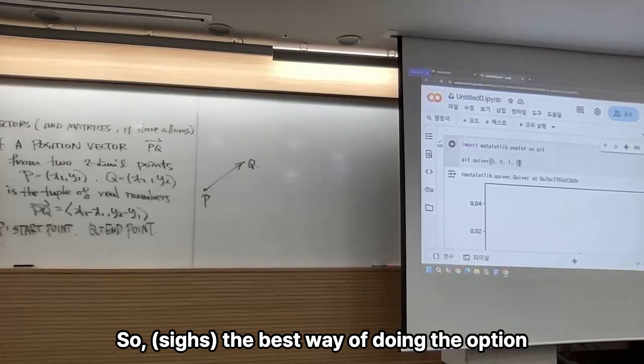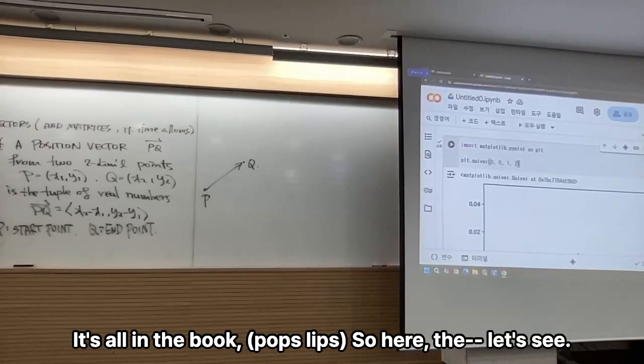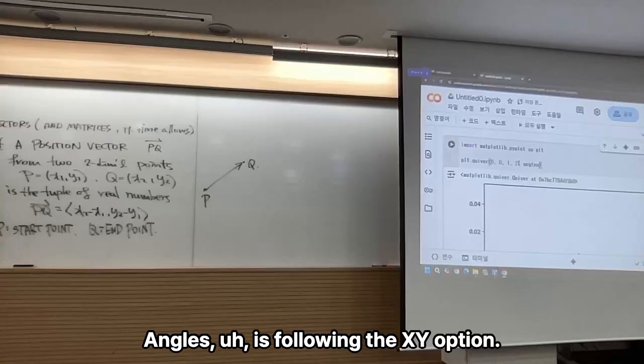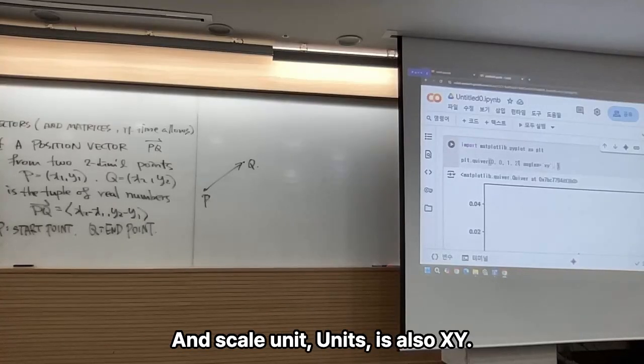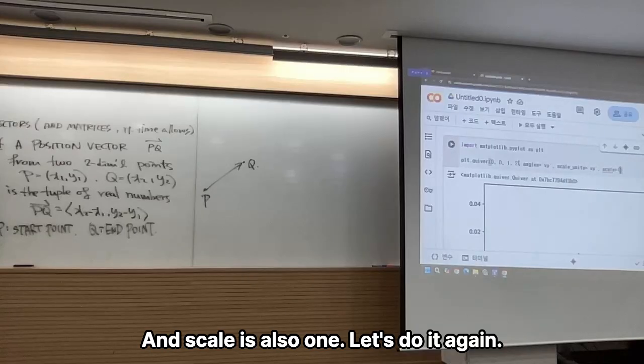The best way of doing the options is the following way. It's all in the book. Here, angles is following the xy option, and scale units is also xy, and scale is also 1.